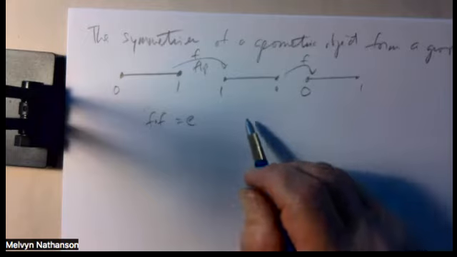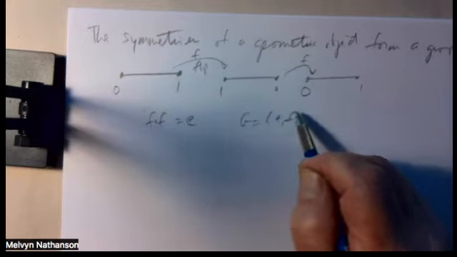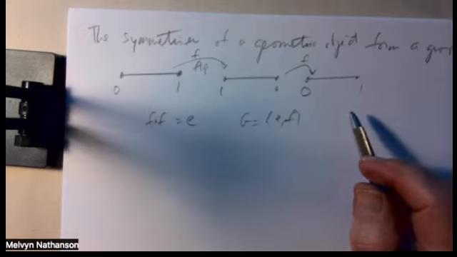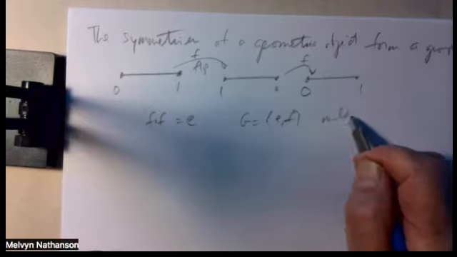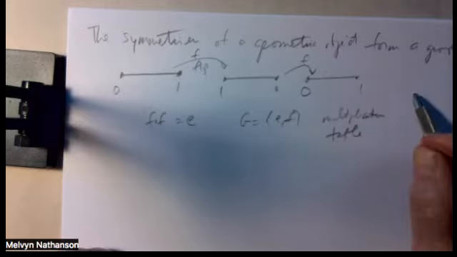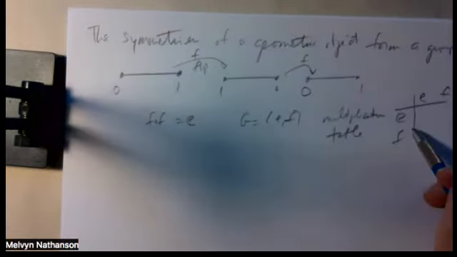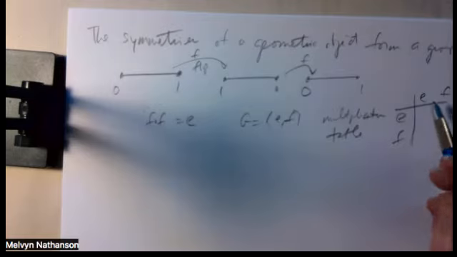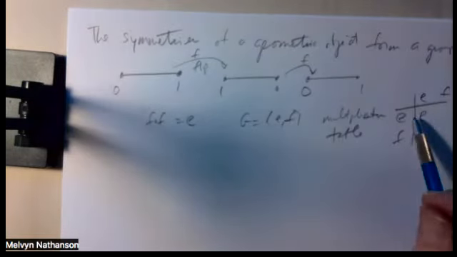And so the symmetries of a line, you have a group which consists of two objects, e and f, and there's the following multiplication table. e, f, e, f. And just like a multiplication table for numbers, the identity times the identity is the identity.